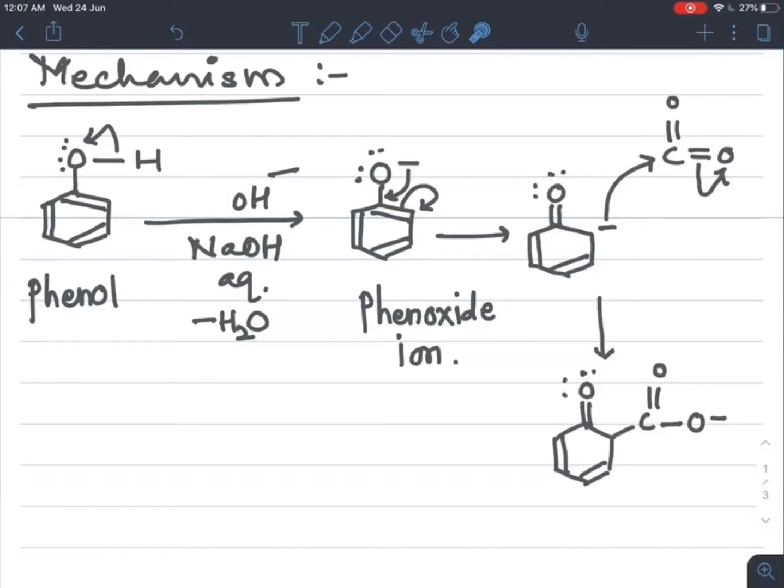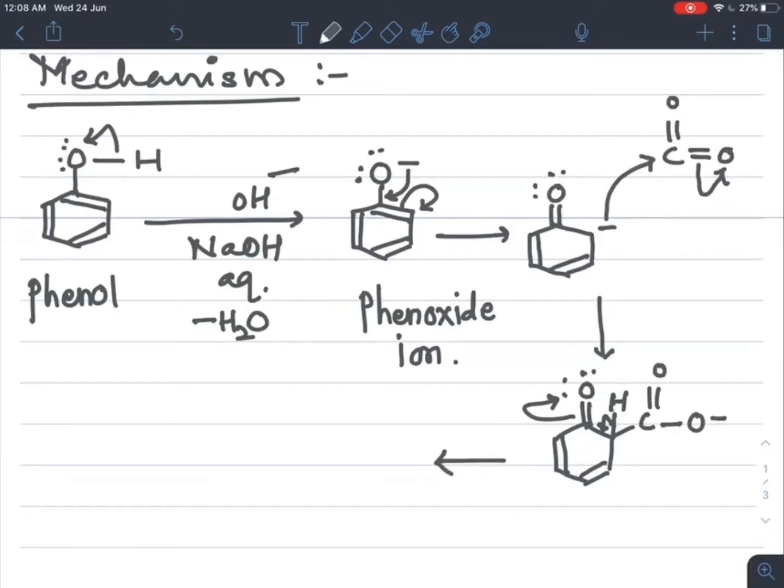Here hydrogen is already there at this position. Now this hydrogen bond breaks, and the pair of electrons of this bond shifts here to maintain the aromaticity. At the same time, to balance the valency of this carbon, this pair of electrons shifts back onto the oxygen.